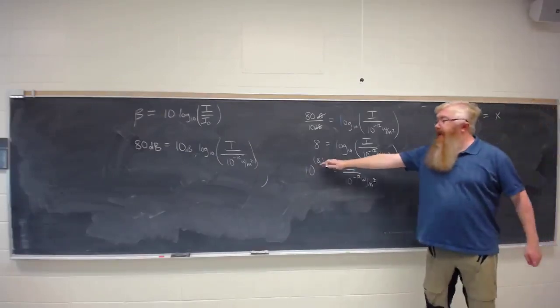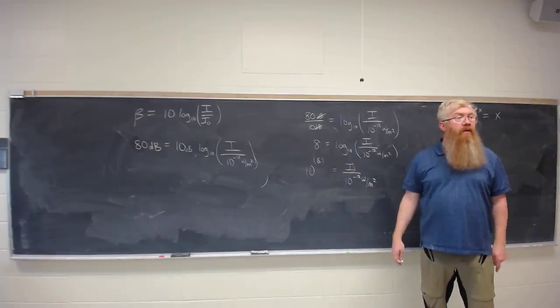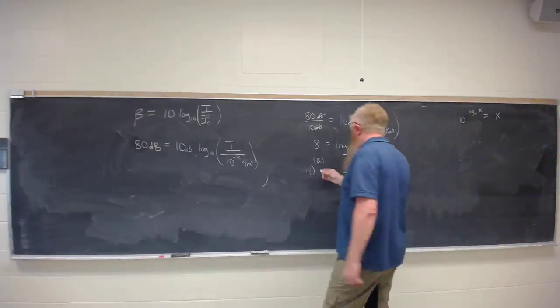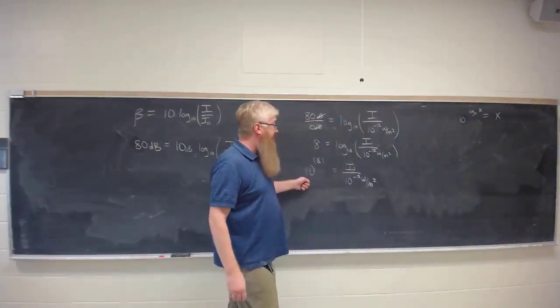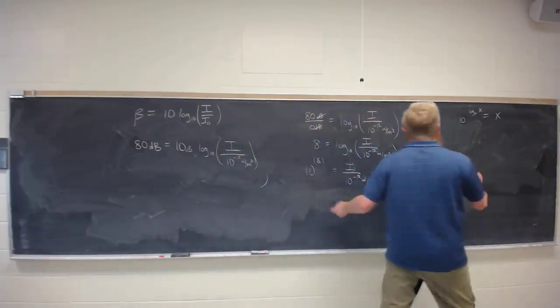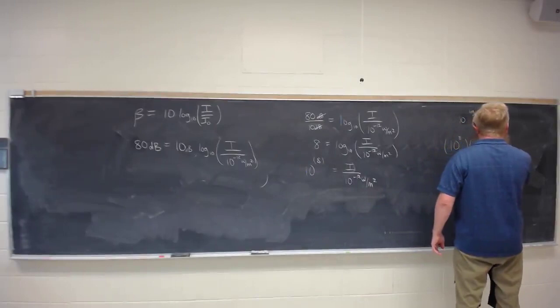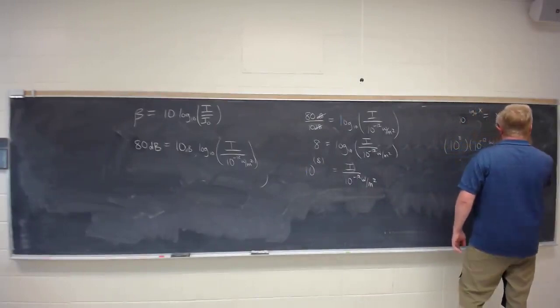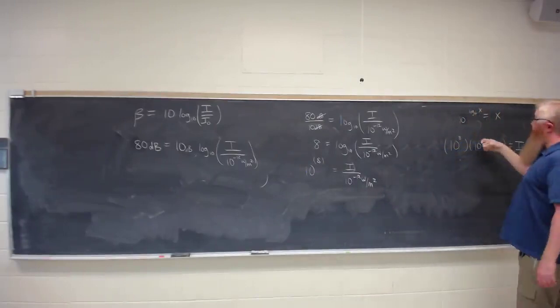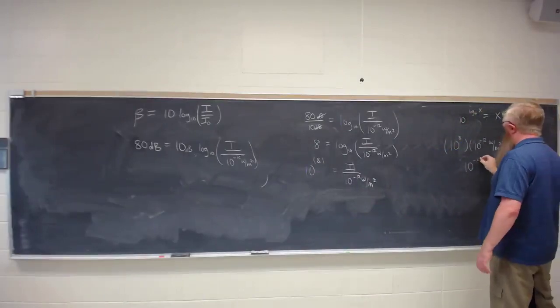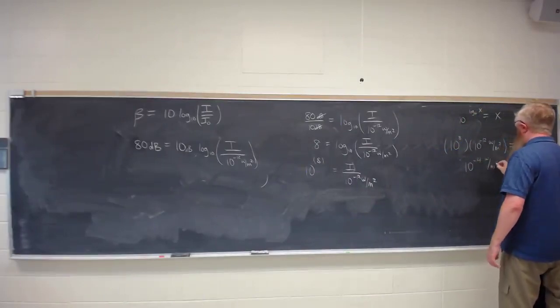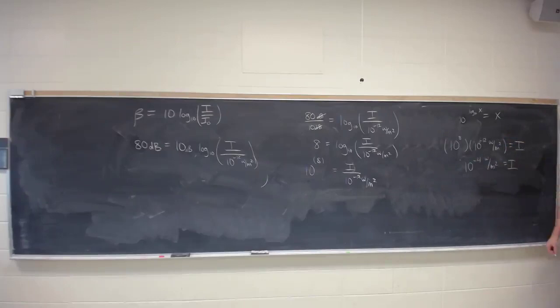Then you have 10 to the 8th, which is 100 million. Multiply both sides by 10 to the minus 12. So you have 10 to the 8th times 10 to the minus 12 watts per meter squared is equal to the intensity. Combining these, you get 10 to the minus 4 watts per meter squared as the intensity. Everyone follow along with that? Make sense? Okay. Thank you.